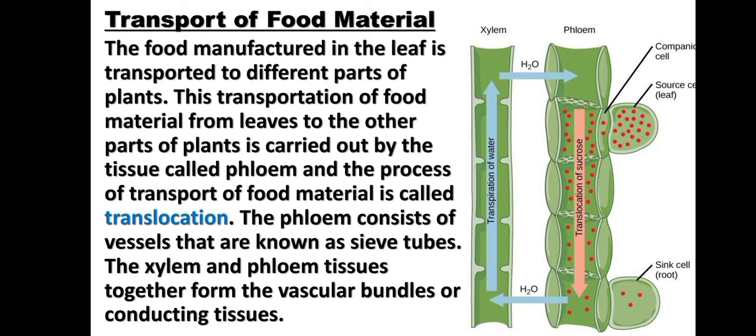The food manufactured in the leaf is transported to different parts of the plant. This transportation of food material from leaves to the other parts of the plant is carried out by a tissue. I have already told you that the name of the tissue is phloem. And the process of transport of food material is known as translocation. The phloem consists of vessels that are known as sieve tubes. The xylem and phloem tissues together form the vascular bundles or conducting tissues of the plant.